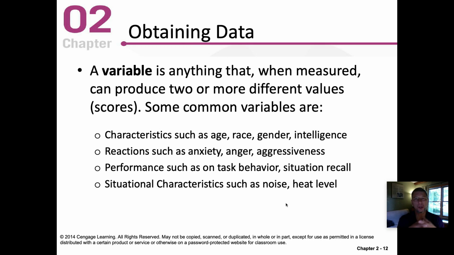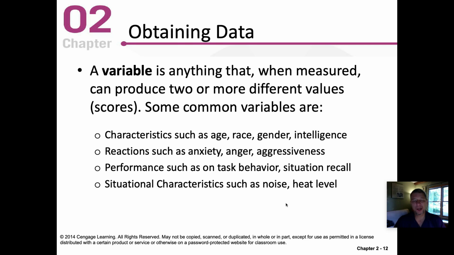Now, we'll start out with the definition of what we call a variable. A variable is anything that, when measured, can produce two or more different values. Common variables that you would see in a social science setting, for example, are characteristics like your age, your gender, your race, your intelligence quotient, that sort of thing.